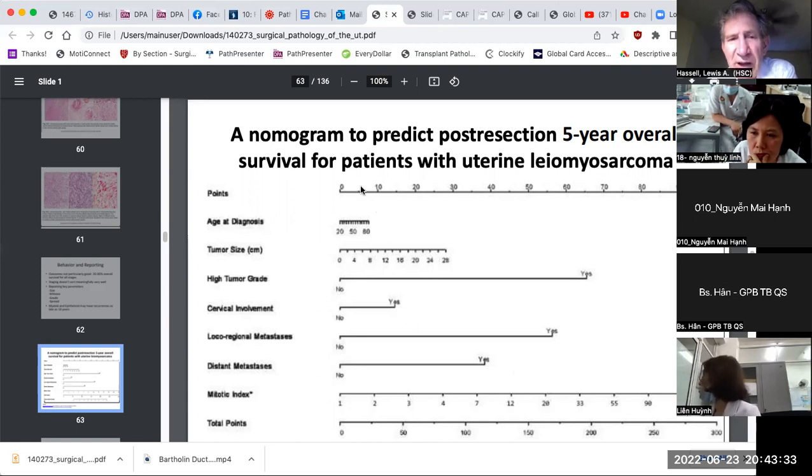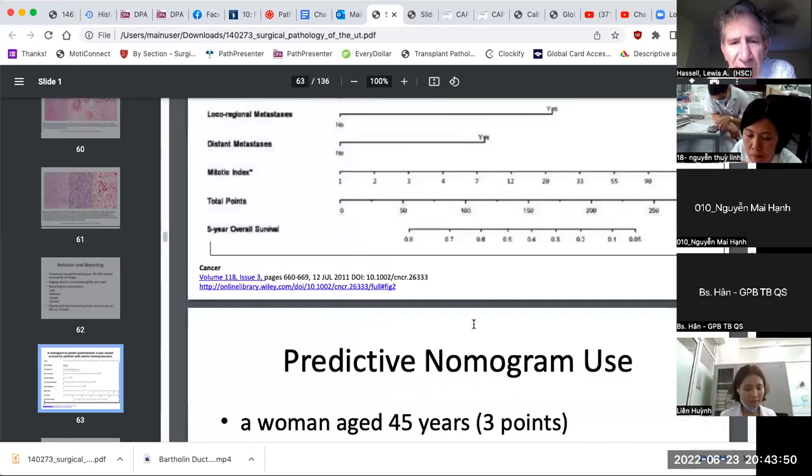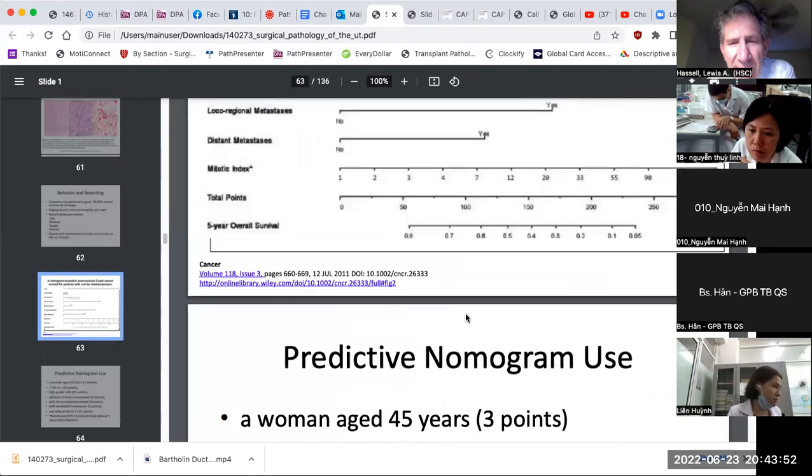And essentially you take this nomogram and line up the patient's finding and then read the points on the top graph. Then you add up all the points for each of these factors, and that gives you a likelihood of recurrence.